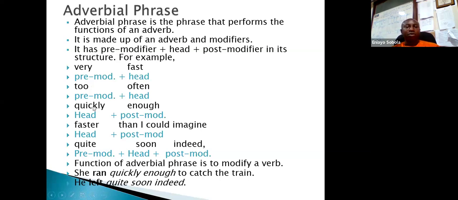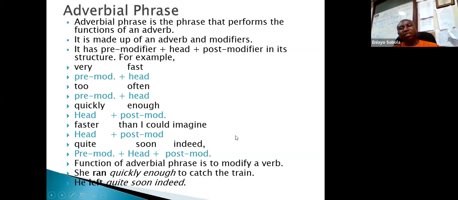Too often, quickly enough, faster than I could imagine, quite soon indeed. So in this way, we have the head word and post-modifier. Here we have quite as pre-modifier, soon as head word, indeed as post-modifier.